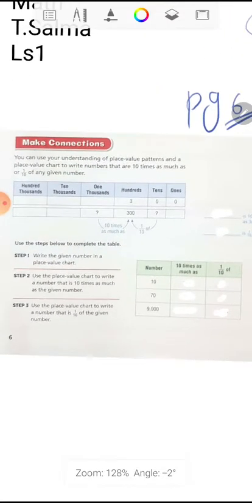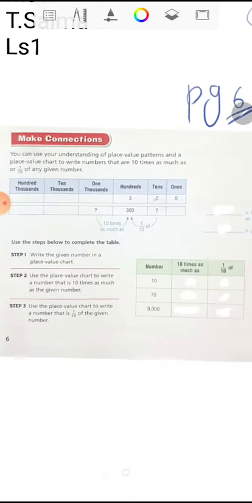Now let's continue on page 6. Let's continue with this chart, and I want you to find the relationship between this 3 and the number before it and the number after it.